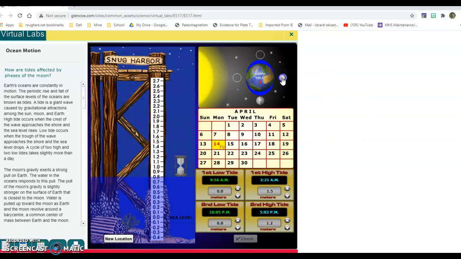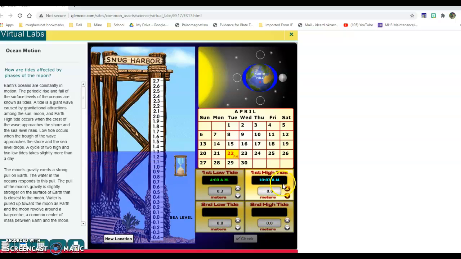Okay. I am now on full moon. It is a 2. High tide is at 1.3.